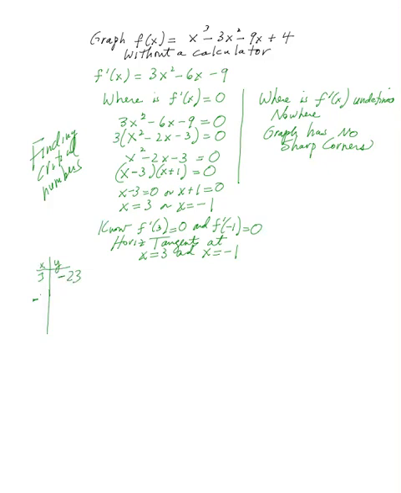Negative 1 cubed minus 3 times negative 1 squared minus 9 times negative 1 plus 4. Well, that's negative 1 minus 3 plus 9 plus 4. That's just 9. So I know that two points on my graph, and these are critically important points, are negative 3, negative 23.